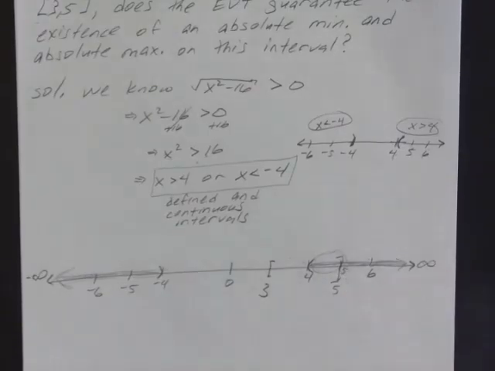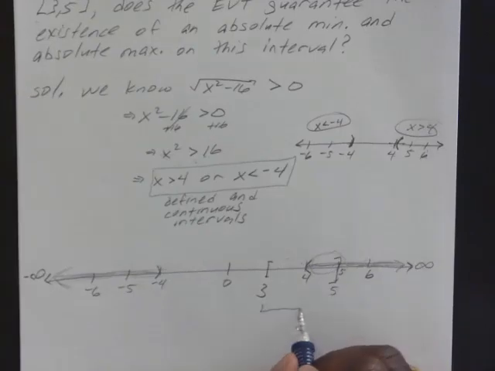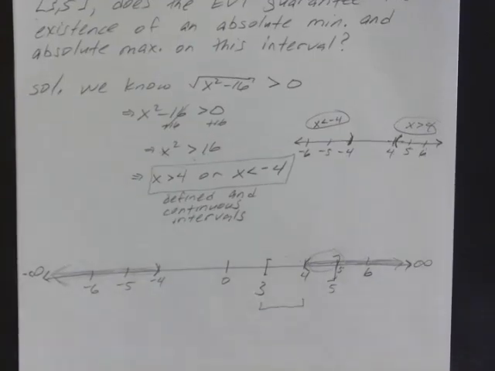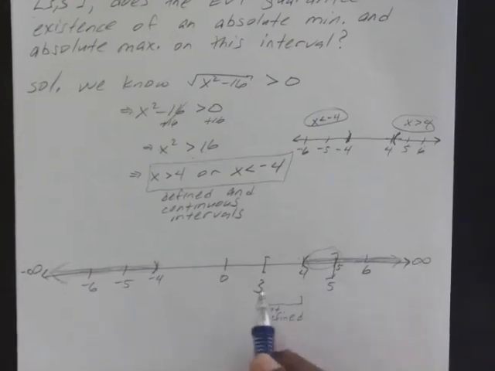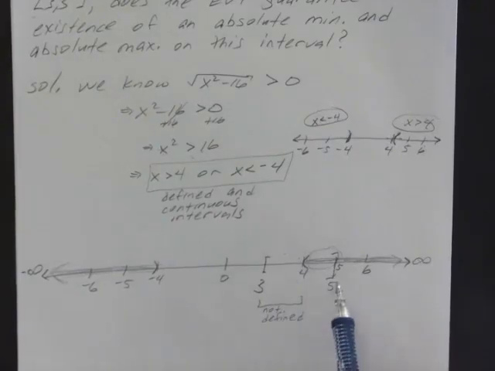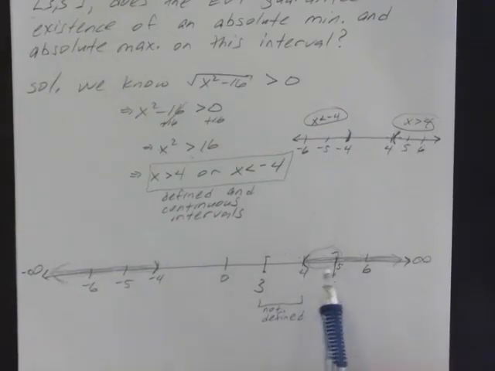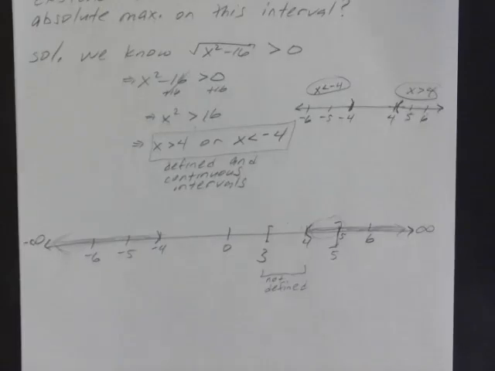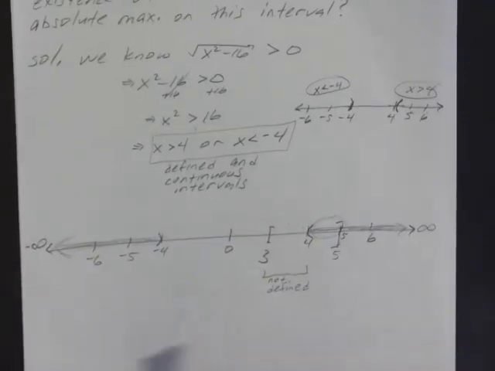Here we go. Okay, so because of this missing defined portion of it, we know it's not defined on that interval. So if it's not defined on that interval, then it's not defined from 3 to 5, just for a part of it. So because of that, we know that it is not continuous and defined.